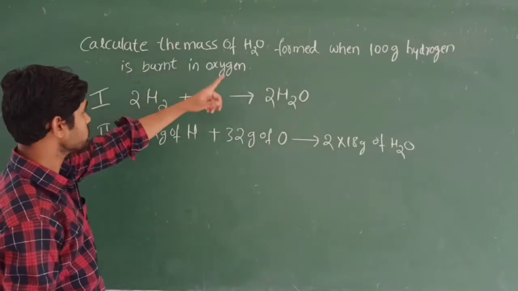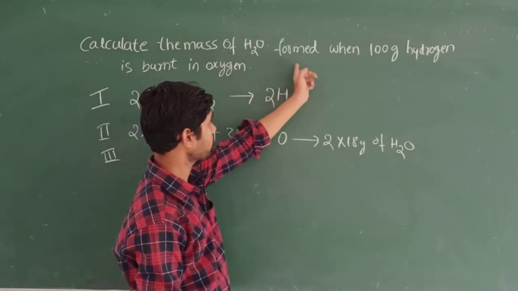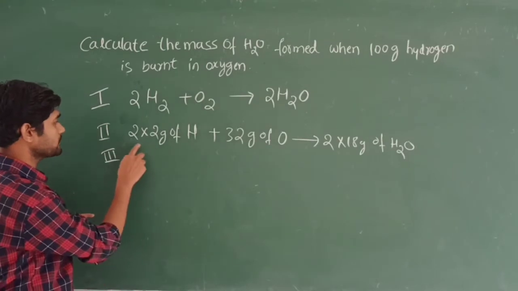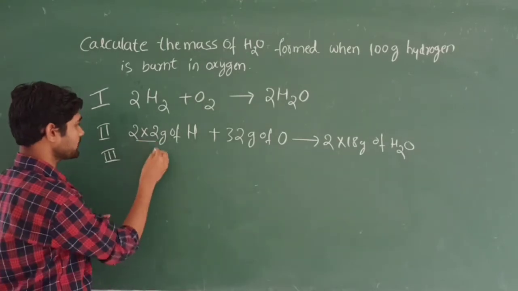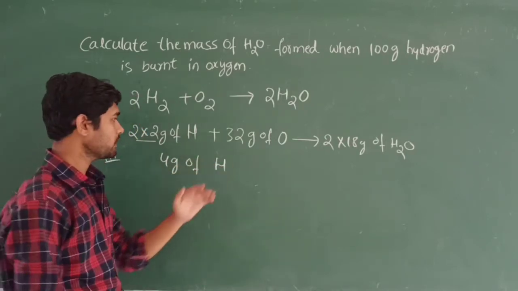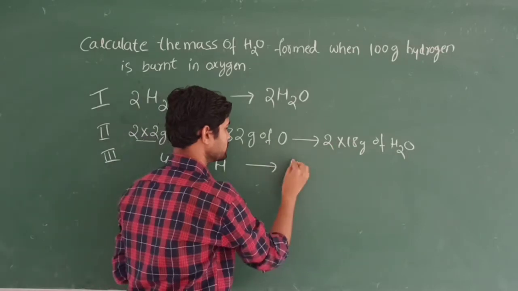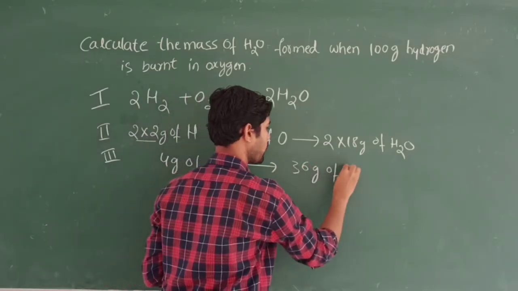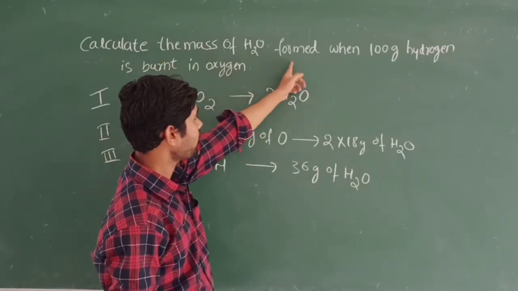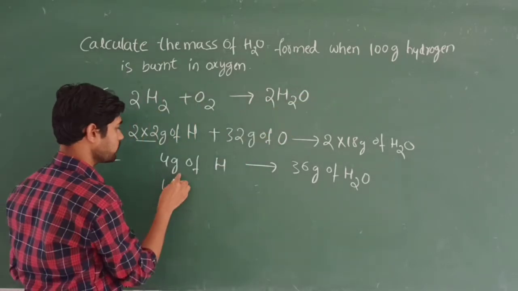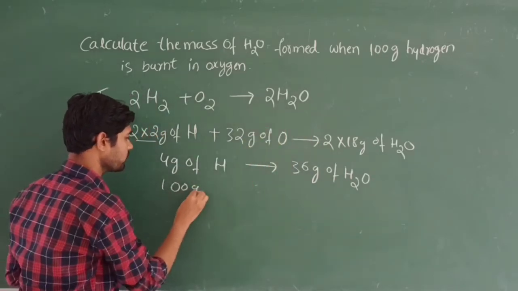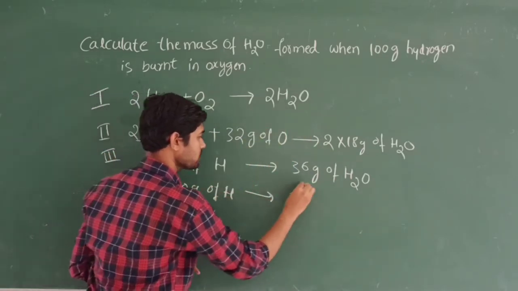Our aim is to calculate the mass of the water formed when 100 gram of hydrogen is burnt in oxygen. Now I multiply the quantities here, so that becomes 4 gram of hydrogen, which gives the product 2 into 18, that is 36 gram of water. And what are they asking? Calculate the mass of the water formed when 100 gram of hydrogen is burnt. 4 gram of hydrogen gives 36 gram of water, then 100 gram of hydrogen gives how much?